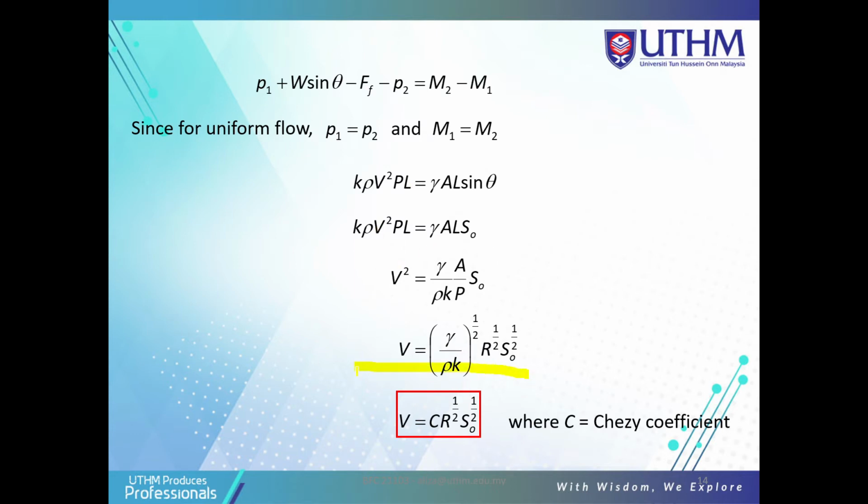Lastly, this is the most important thing: don't worry about the derivation of this formula, because in your final or your test they will just ask you to list down or explain the two assumptions. No need for the derivation.